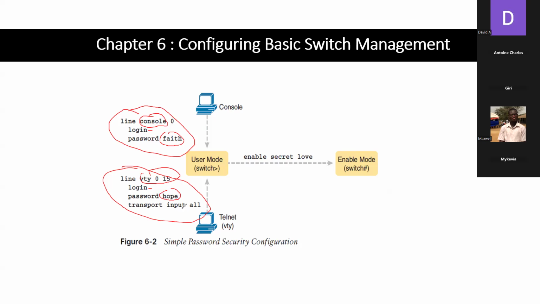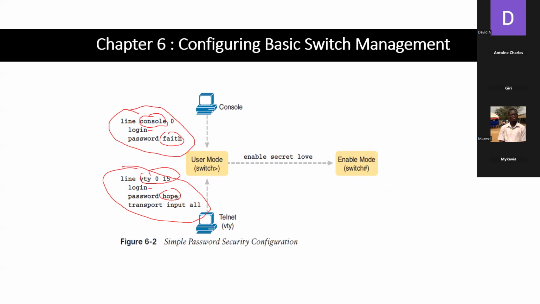And my method, the protocol that I allow, because there's three options you can use for this command. You can use transport input all, which will allow all methods, meaning SSH and Telnet. Another option is transport input Telnet, or transport input SSH. We spoke about how Telnet is unsecure, because everything used within Telnet is communicated via plain text.